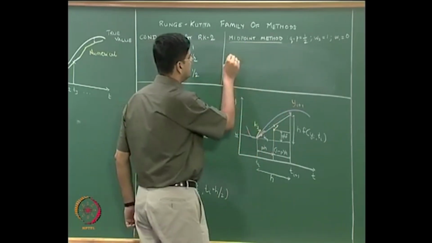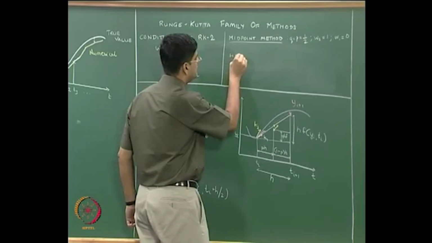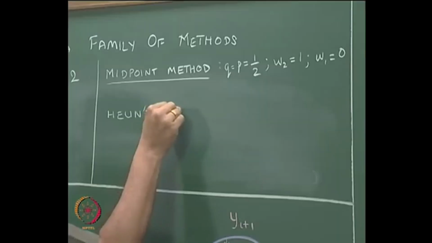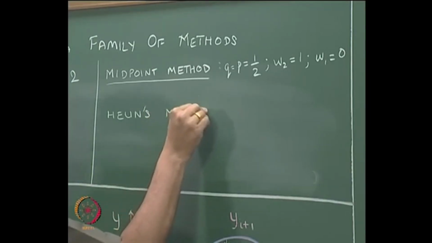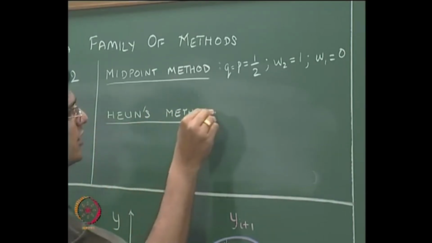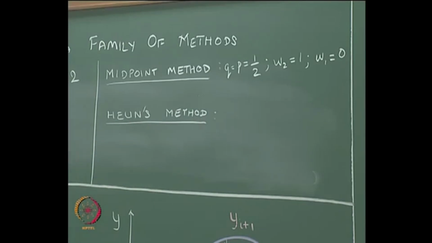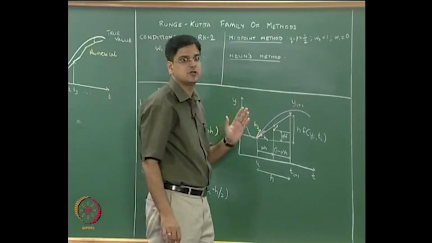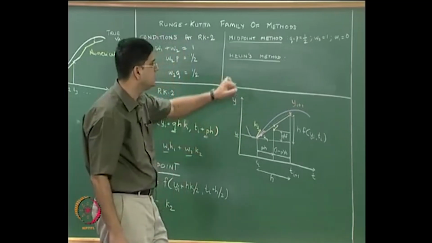The second possibility is what is known as Yuen's method. This Yuen's method, as we will show later, is similar in idea to our trapezoidal method for doing the integration.